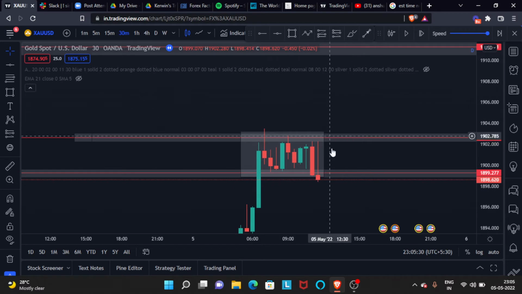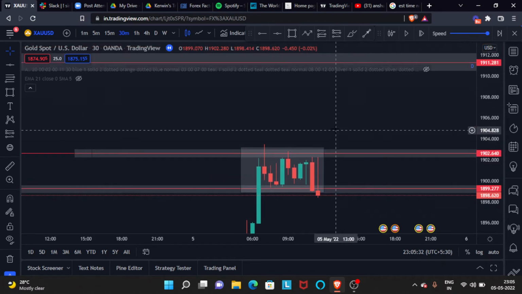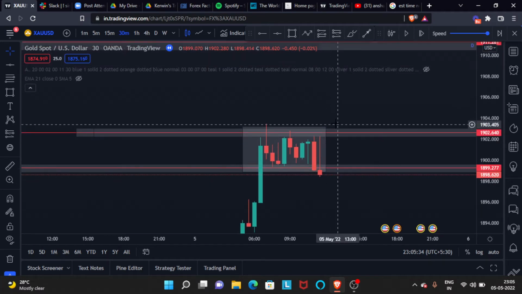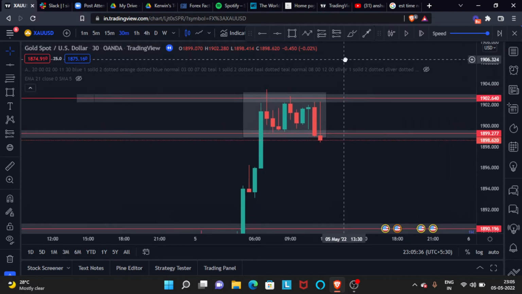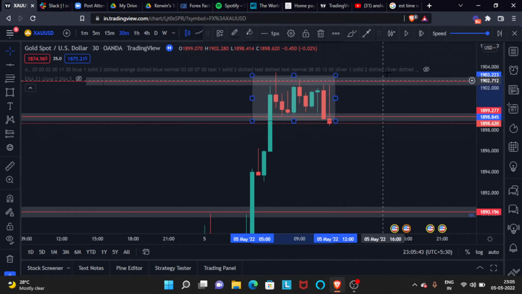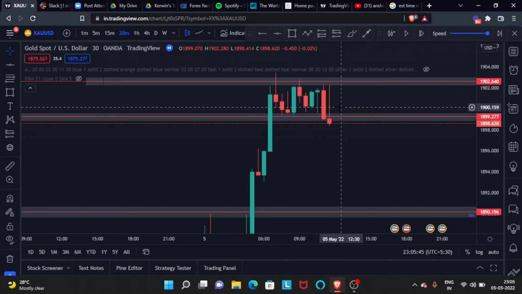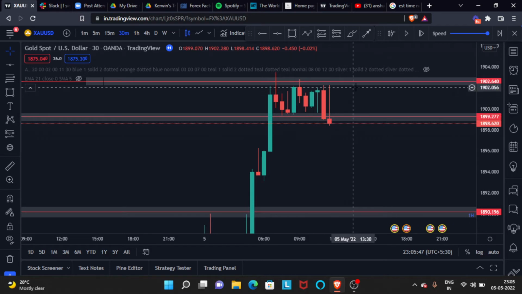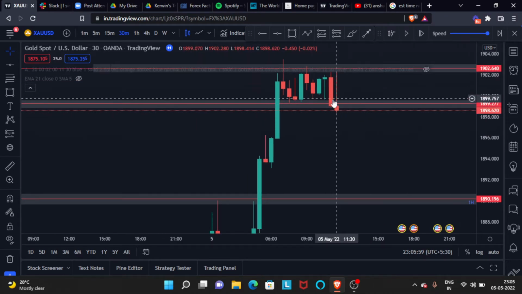If gold had to continue going up right now, it would have broken above and we could have continued going up. Or else, if it breaks down to the downside, it means we can get possible pullbacks, right? So this trade was a little bit risky, just because we were counter-trending the strong 4H bullish candles and the strong daily candle, which was highly bullish at the time this trade was taken.